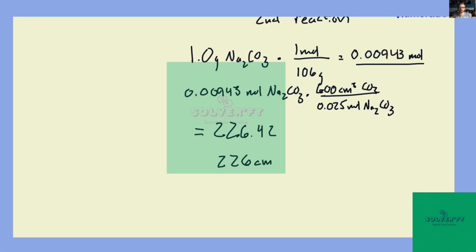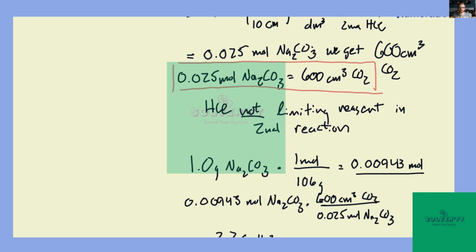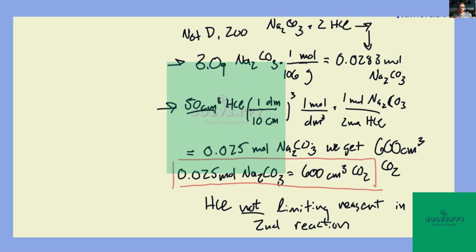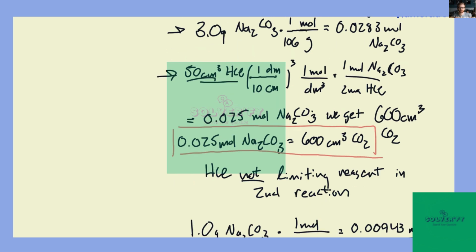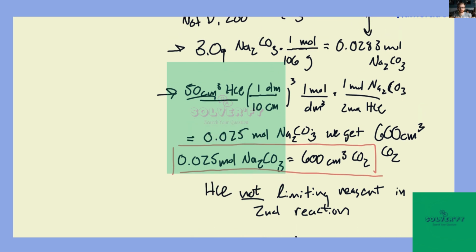So the reason why the answer isn't simply 1/3 of 600 is that the first time around, it would be 1/3 of 600 if sodium carbonate had been our limiting reagent, but it wasn't, right? The first time around, the HCl was the limiting reagent. So we needed to figure out how many moles of sodium carbonate actually reacted, not 0.0283 but 0.025.